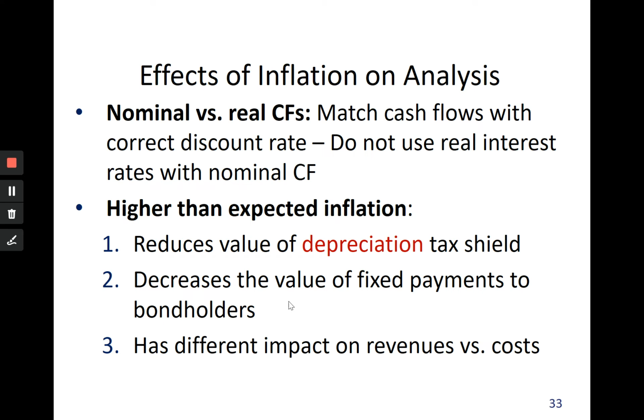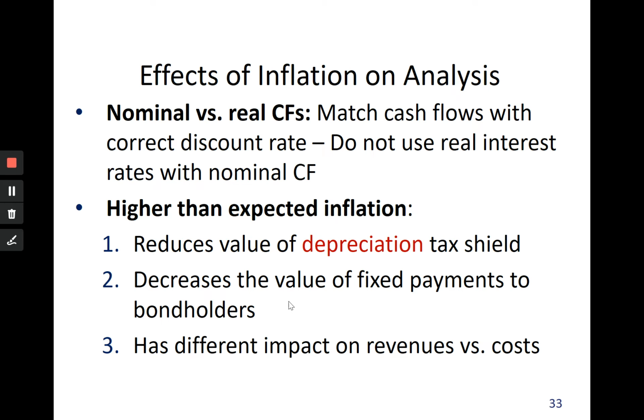If we are looking at inflation, we should make sure that there is a matching of the interest rates that we use for discounting and the cash flows. They both have to be, for example, nominal cash flows and nominal interest rates. Let's recall the difference between nominal and real.